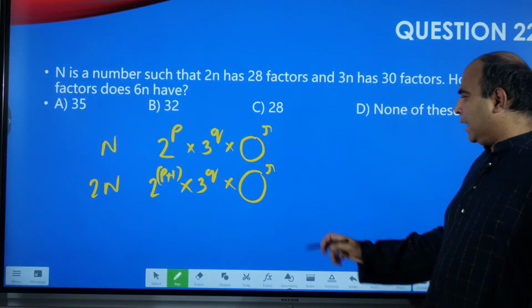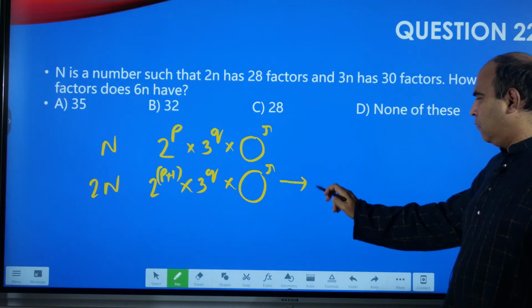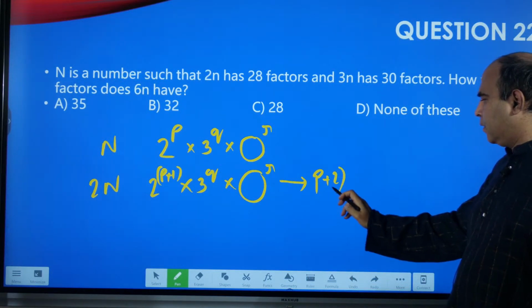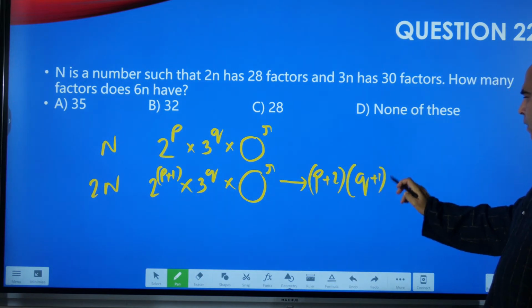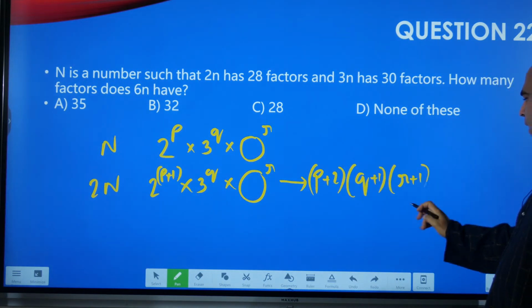So the number of factors for a number like this would be p plus 2, q plus 1, r plus 1, and if there's an s, then there will be an s plus 1.